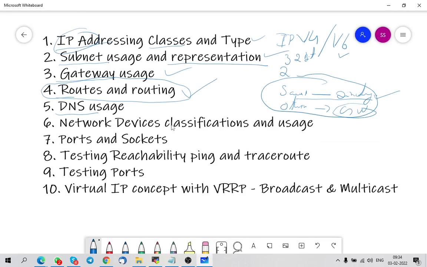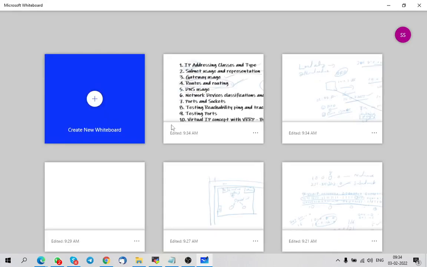Now gateway is covered, and routes and routing also covered. Now DNS. Whenever we enter the domain name in the browser, we say https://google.com.